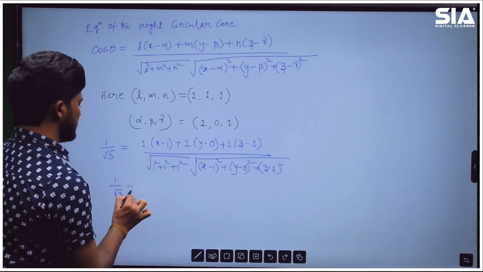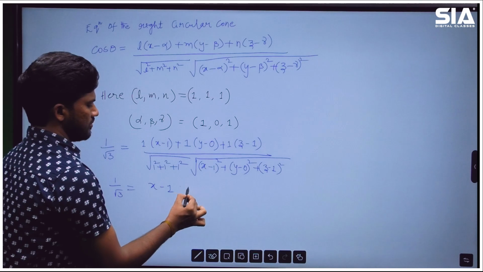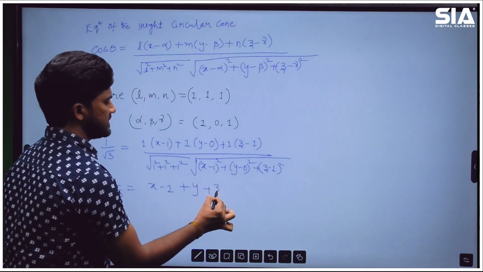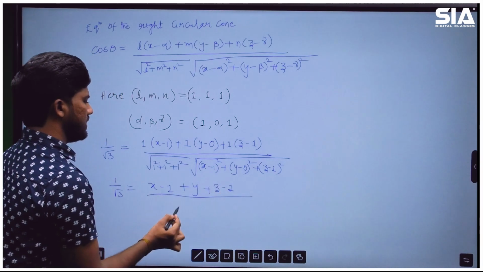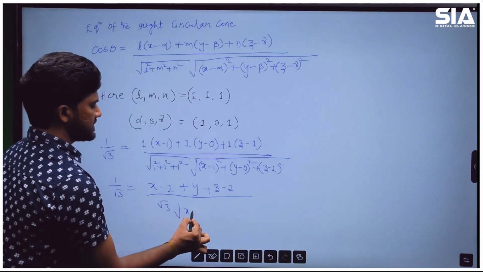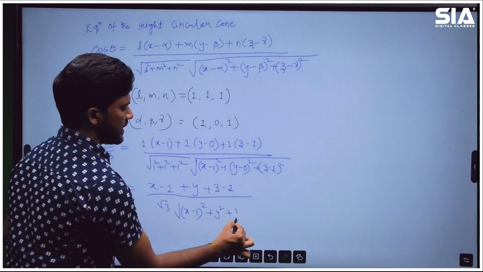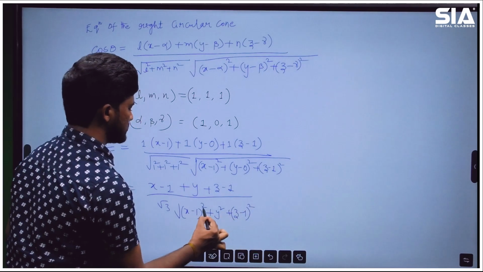So 1 by root 3 is equal to (x minus 1) plus y plus (z minus 1), by root 3 into root of (x minus 1) whole square plus y square plus (z minus 1) whole square.